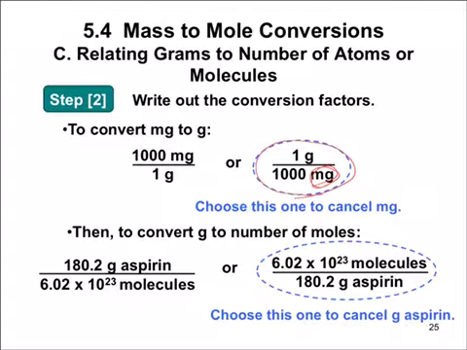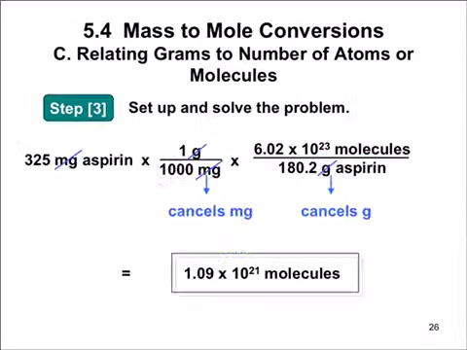Then the other conversion factor is grams of aspirin per molecule or molecules per grams of aspirin. I'm going to use this one because I want to find molecules. This needs to be in the numerator, because that's what I'm looking for, the number of molecules.